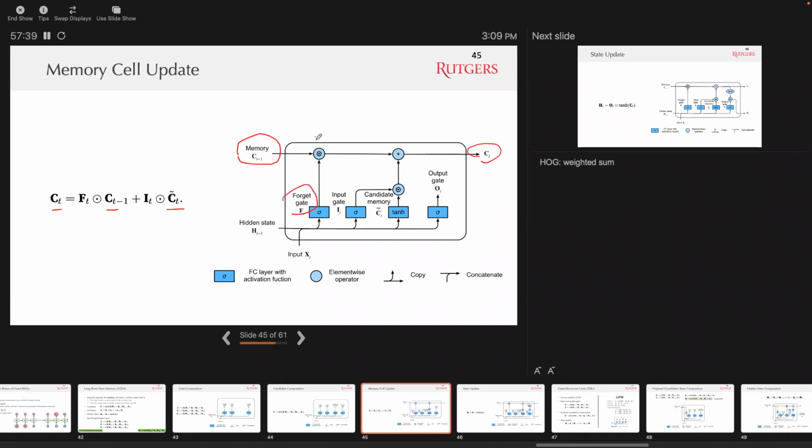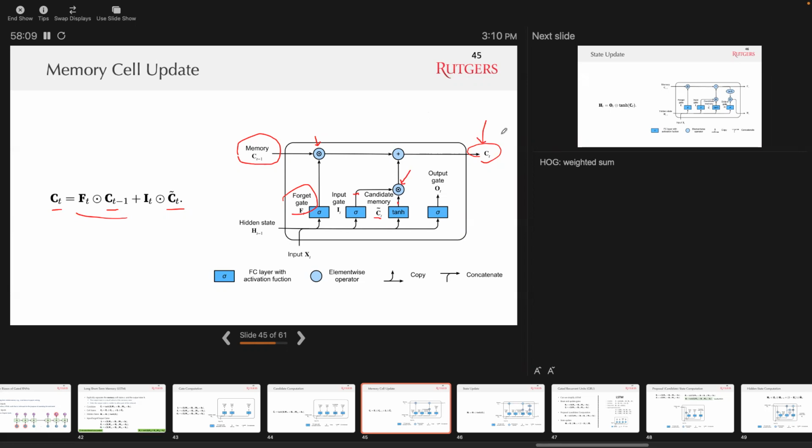So this is the element-wise product, and this is the first term. The second term takes your candidate cell states and your input gate, and you take the element-wise product. Then you add them up to get your final cell state in the current time step.